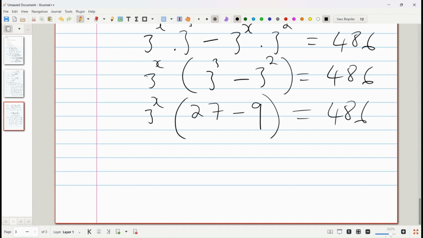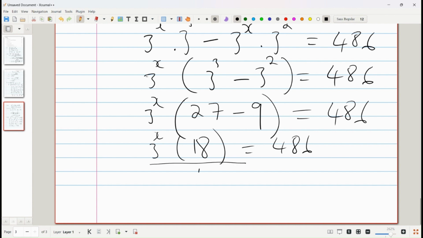So 3 to the power x, 27 minus 9, we can compute that. This will be 18, equals 486. So we need to get rid of this 18.